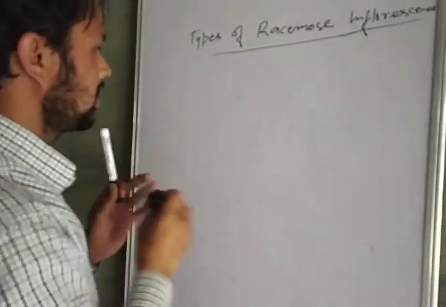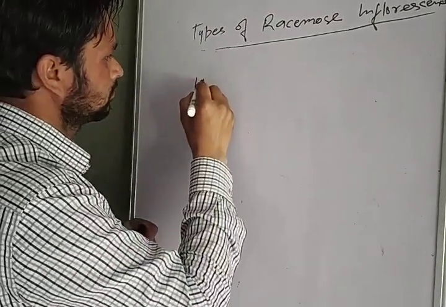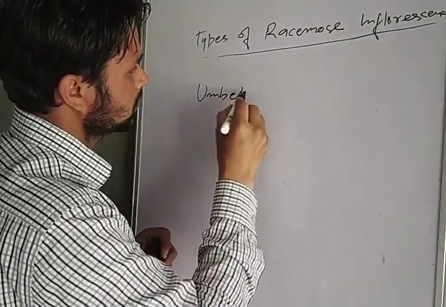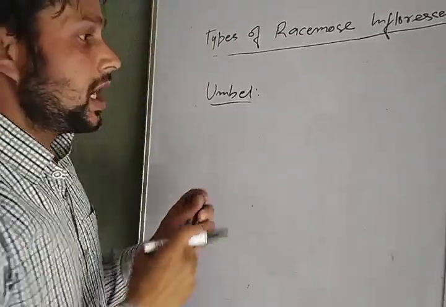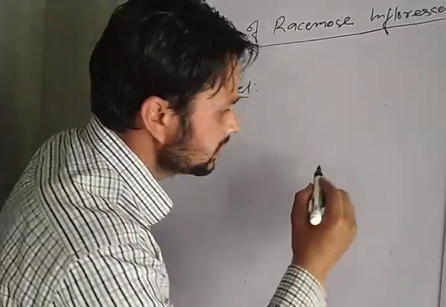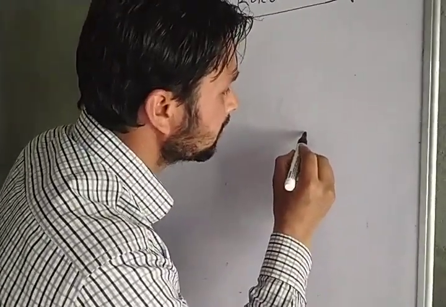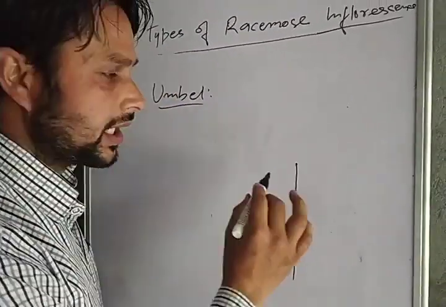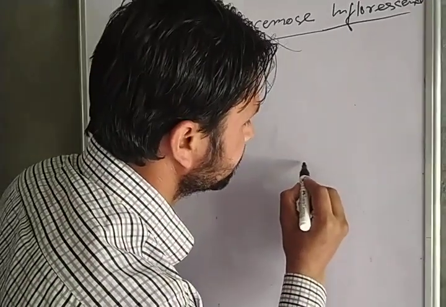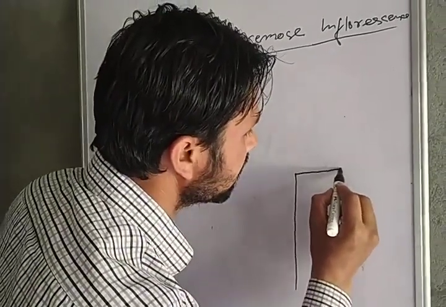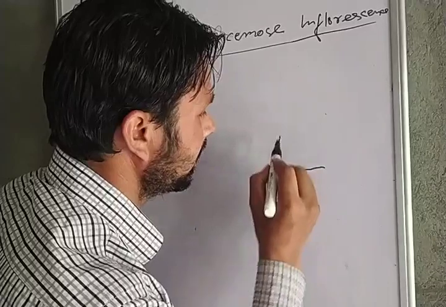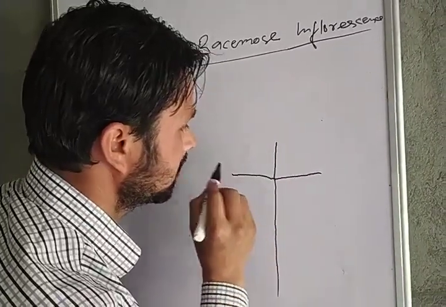Now the next one is umbel. What is umbel? I can show it diagrammatically. In umbel, all the flowers arise from the same point. They arise from the same point and move towards different directions but attain the same height, the same length.